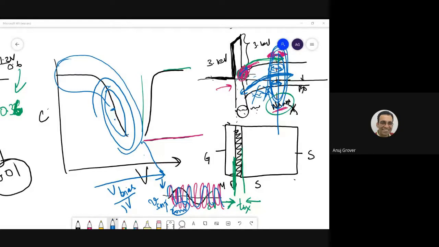Madhur? Yes, sir. Sir, when we draw the band diagram in presence of an electric field, the Fermi level is constant throughout. But I saw in the book that the Fermi level also changes with application of an electric field. So why is it fine that the Fermi level of silicon dioxide and the p-type semiconductor matches at the interface, but beyond the interface, it isn't changing?